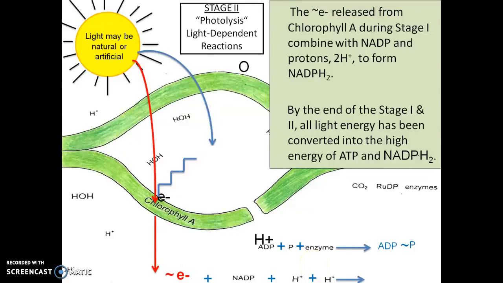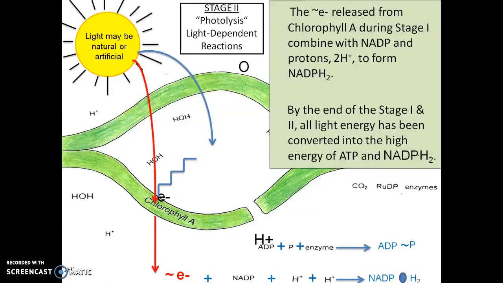When we add these all together, we get NADPH2. So the whole thing's NADPH2, but we have it written like that because we are actually going to use the H2 later on. So I have it separated, but it is one big thing, NADPH2. And NADPH2 is also an energy source that we're going to use later on.